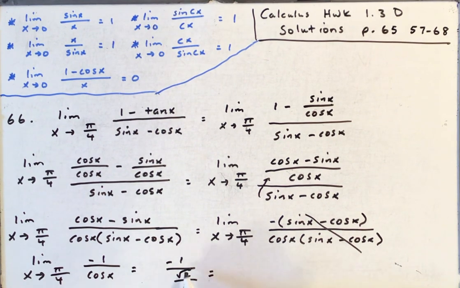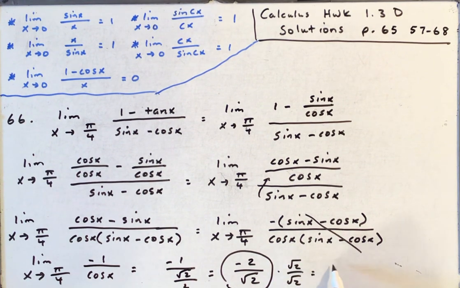So you can flip the bottom: -1 over root 2 over 2 is -2 over root 2. That is fine with me if that's how you leave the answer. But if you multiply that by root 2 over root 2 to rationalize, it's -2 root 2 over 2. The 2's cancel, and you'd have -root 2.